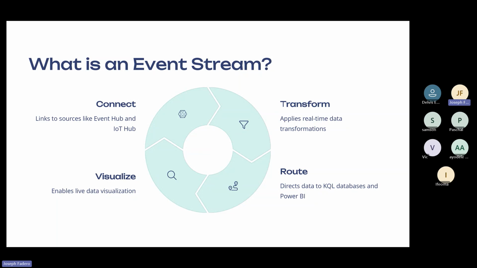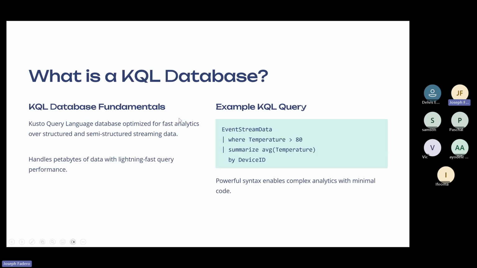Now you can transform data in your event stream, you can visualize data in your event stream, and you can route data, that's direct data, to a KQL database and Power BI. So this is like your destination at the end of the day. This is like your source at the end of the day.